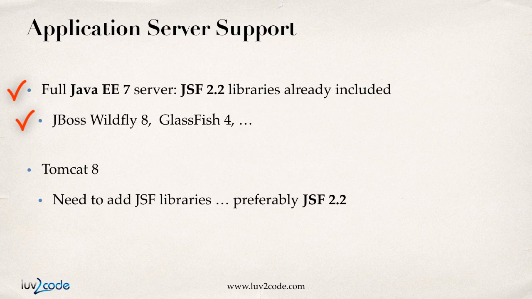Not all of the servers are up to date, so you want to make sure you look at the actual specs for your server accordingly. But I know out of the box that WildFly 8 and GlassFish 4 already have full support for Java EE 7, and so that includes the JSF 2.2 libraries. So the key thing here is that when you deploy your JSF application, there's no need to include the JSF jar files in your app. It's already part of those given server environments.